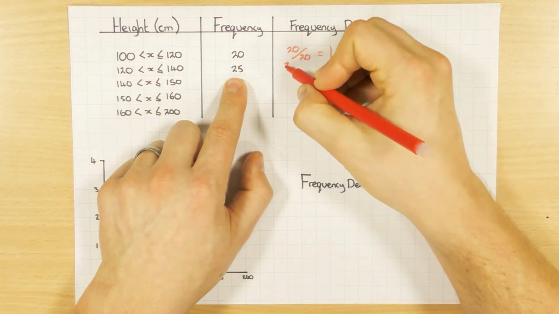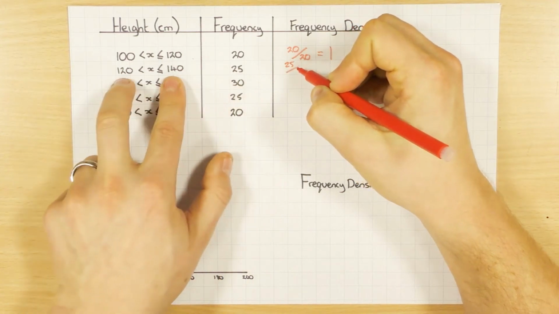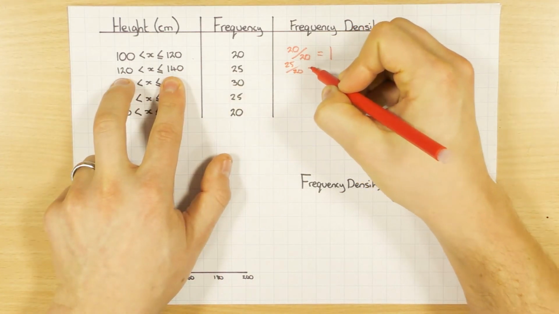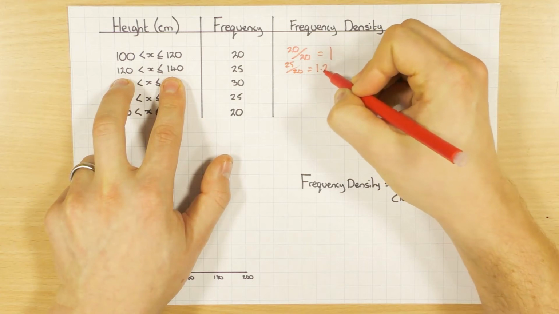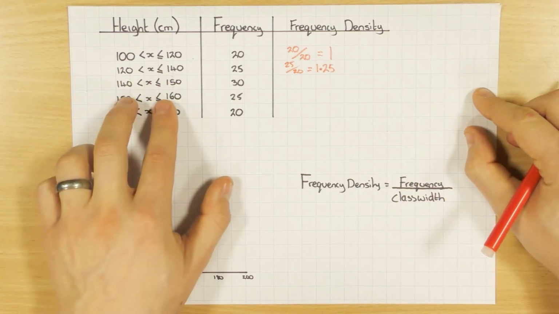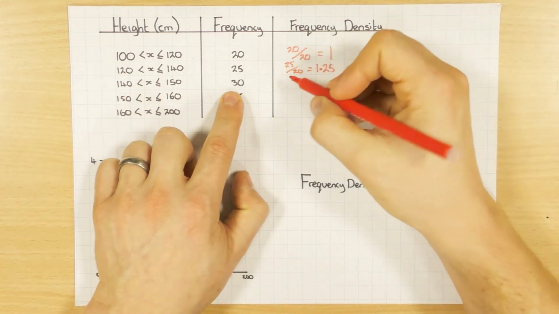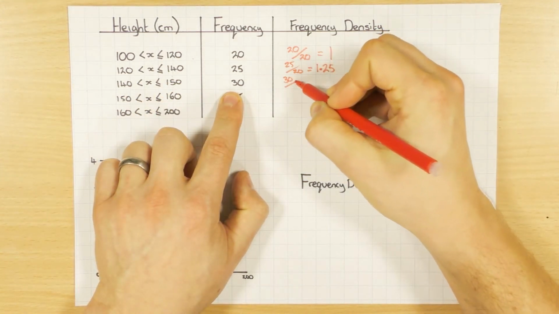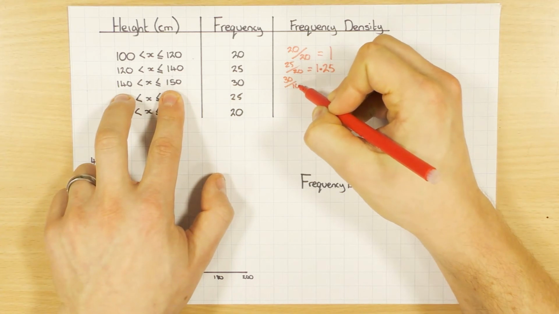Next one here, the frequency is 25. The class width is 20, which gives me 1.25. Usually this would be a calculator paper, to be fair. All the numbers will be really easy. Frequency is 30, divided by the class width, which is 10.